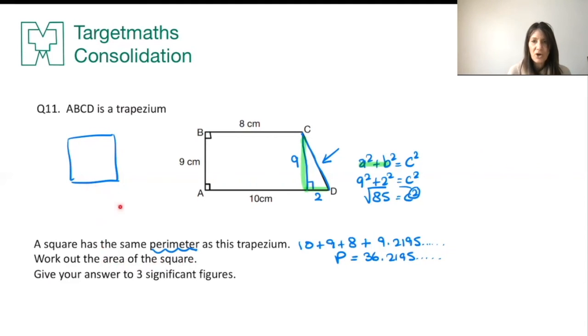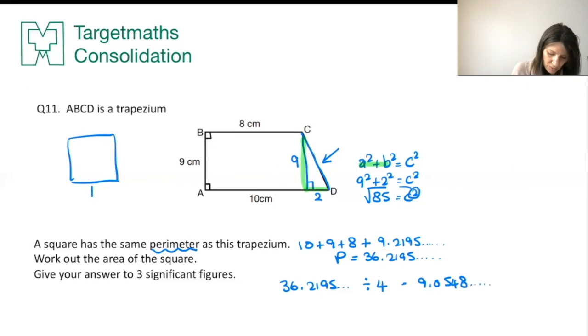So I need an edge. I can't just stop. So I'm going to take that perimeter and I'm going to divide by 4 because I've got 4 edges making up the square. And that is going to give me 9.0548 and on it goes. So that is what one of my edges is.